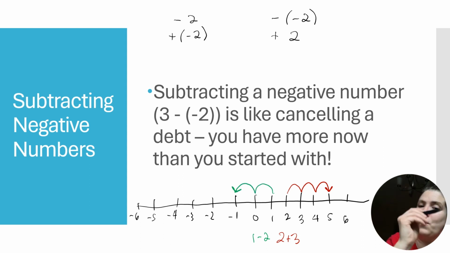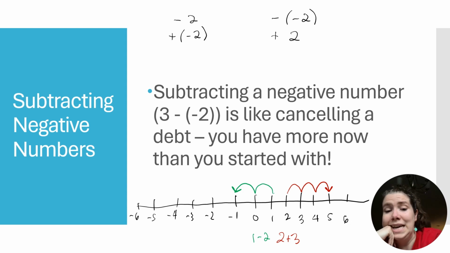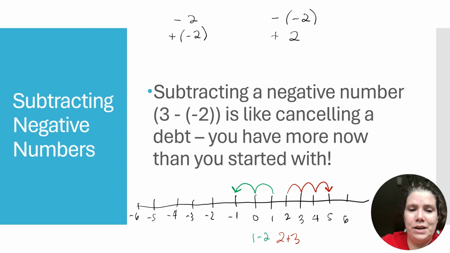We're taking away 2 values, right? When we're adding 2 negatives together, -3 plus -1, that means we're starting at -3 and we're going backwards 1 because we're adding that negative to it. We're taking it away. We're going back here to -4.